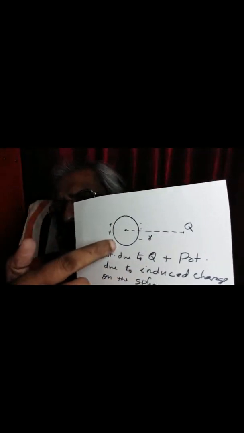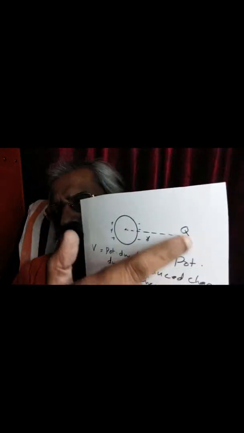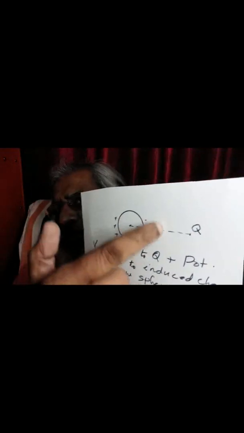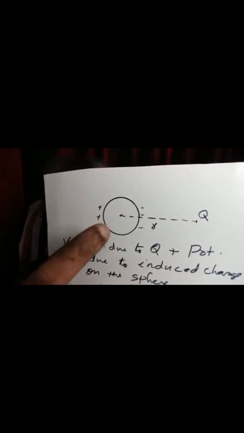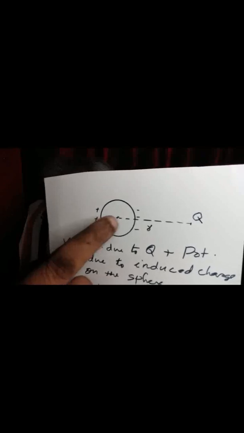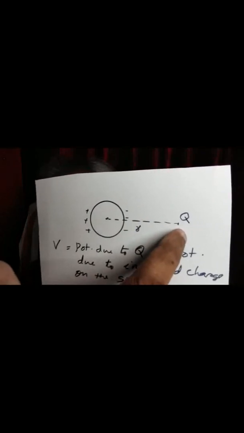The potential of the sphere due to Q, you can reverse the situation. You think Q to be given to this sphere, and you find the potential due to a uniformly charged sphere with the charge Q, at distance small r from its center.